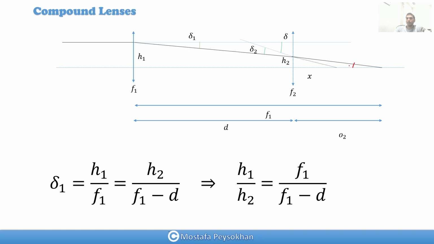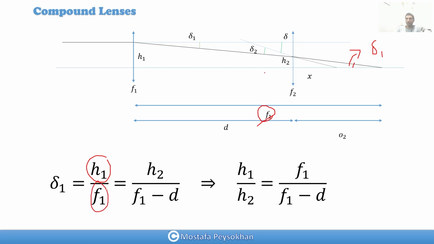That angle is delta 1. From one perspective, that's the focal length of lens 1, which is f1, from here to there. This one is h1, so tangent of delta 1 is h1 over f1.